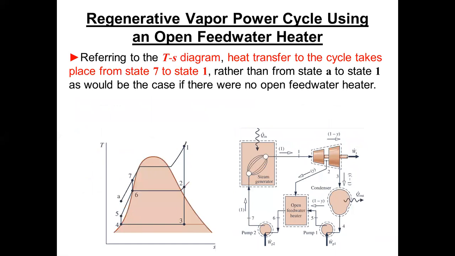Okay, so the T-S diagram: heat transfer to the cycle takes place from state 7 to state 1 as opposed to A, which we talked about would be the case with no feed water heater. So because of this, we're running from 7 to 1.